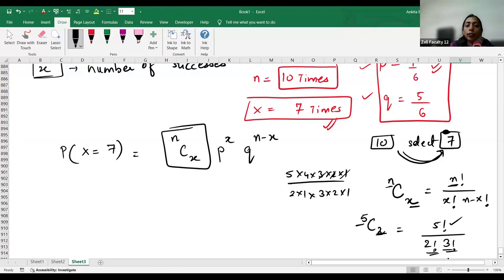So this 3, 2, 1 and this 3, 2, 1 get cancelled. This 1 is nothing, this 2 is 2. So I get the answer as 10. So 5C2 I can calculate as 10.